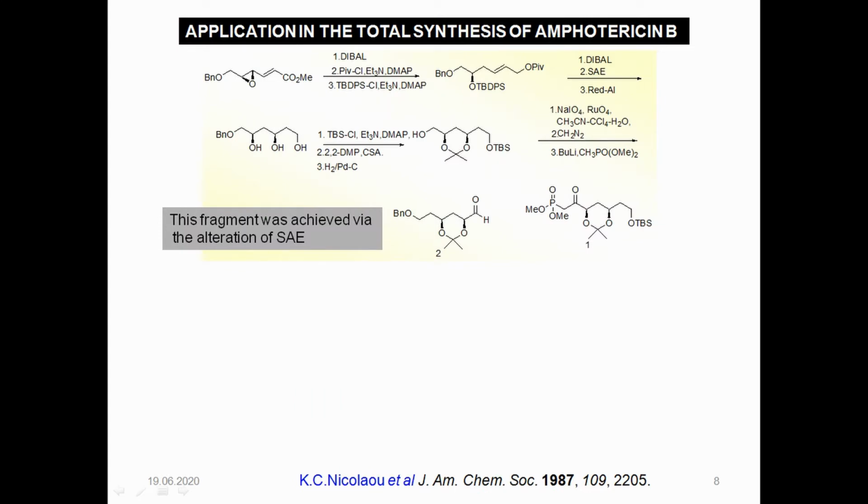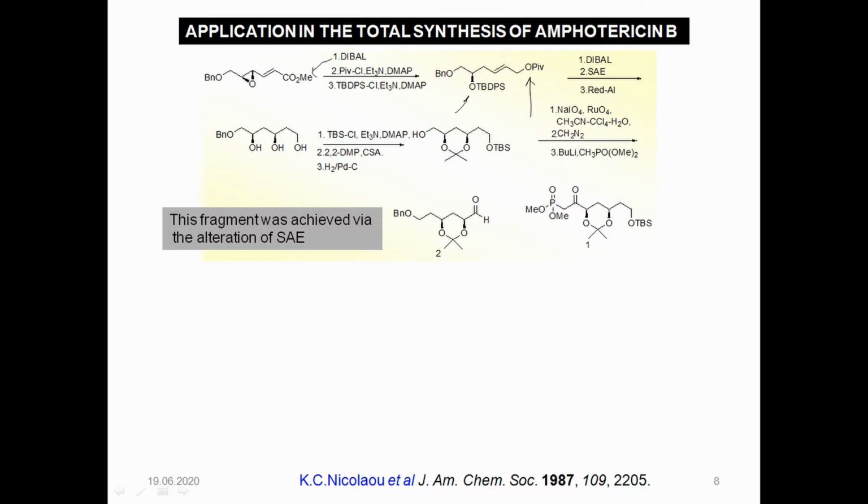You see here, if you treat with DIBAL, the ester is converted into alcohol, and the alcohol is protected using a protecting chloride, triethylamine, DMAP. With DIBAL treatment, this epoxide is opened and you get the alcohol, which is protected as the OTBDPS.